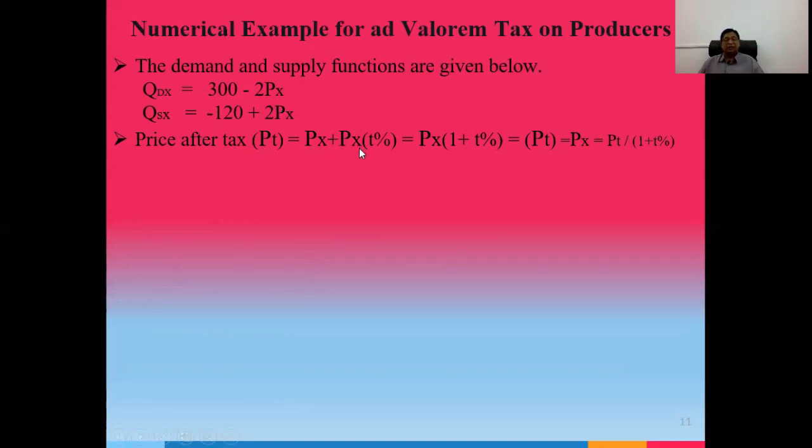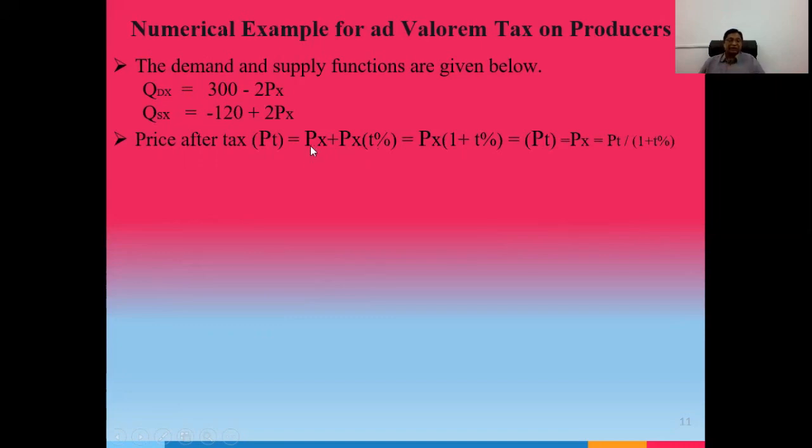In this case, tax is collected from the price of the product as a percentage tax. Therefore, we multiply the initial price by the tax rate. Then you will get the value of tax. When you add the value of tax to the price of the product, then you will get the price of the product after tax.